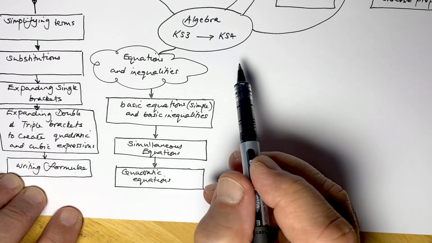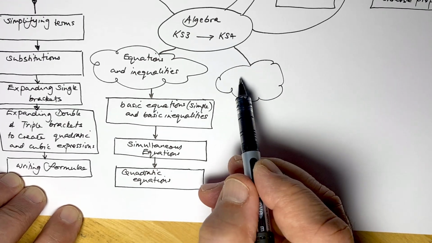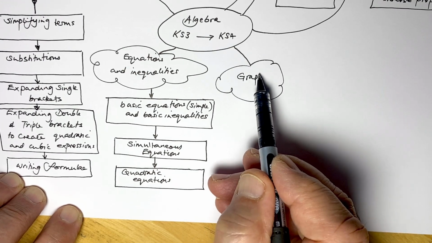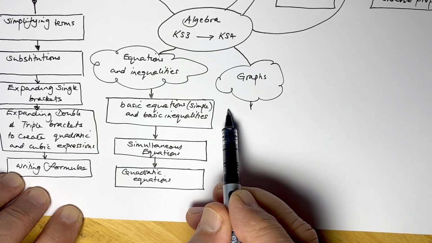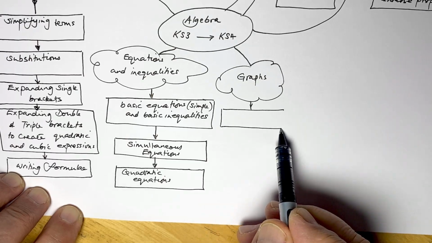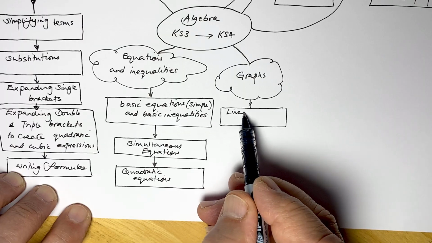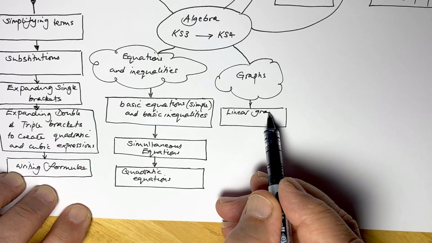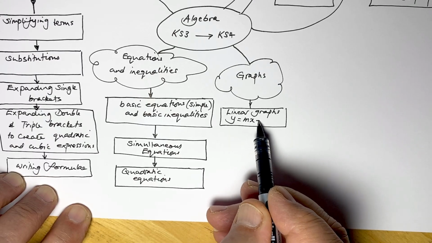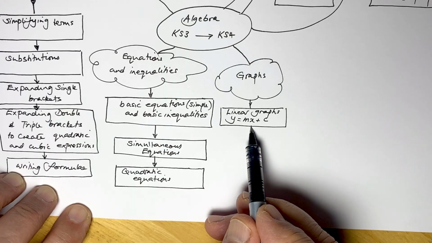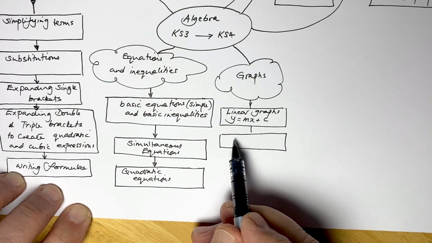Now, the other aspect would be graphs. First graph would obviously be an equation of a straight line. So I call it the linear graphs. The formula y equals mx plus c. Then we go to the quadratic graphs, graphs with maximum, minimum.